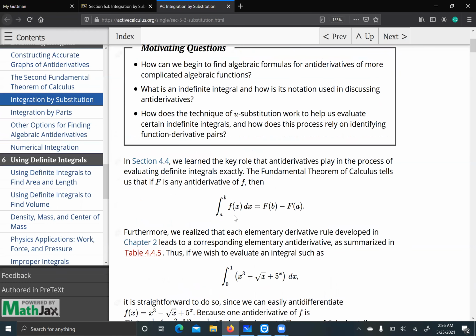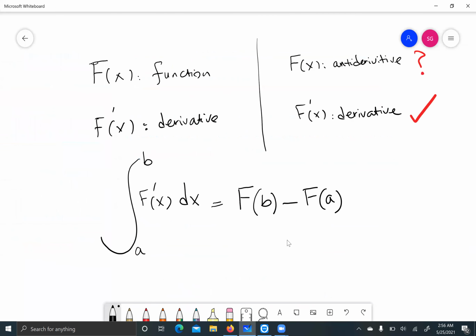Okay, so we learned about this in previous discussion: the concept of antiderivative, integral, and the fundamental theorem of calculus. But now the next question is, suppose you are given a function, an integrand, and you want to evaluate this integral.